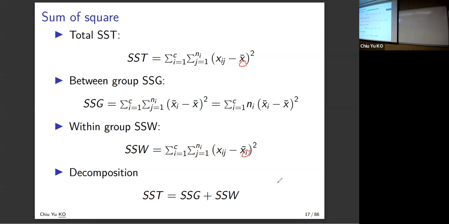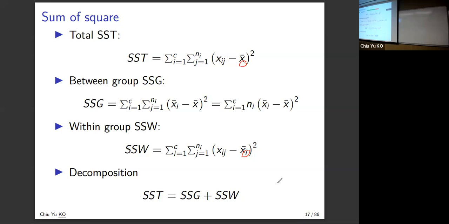How to prove it? I'm not going to prove it, but there is a proof showing this is true. You don't need to worry about the calculation. No one actually works it out; everyone relies on a calculator. I never calculate by hand.